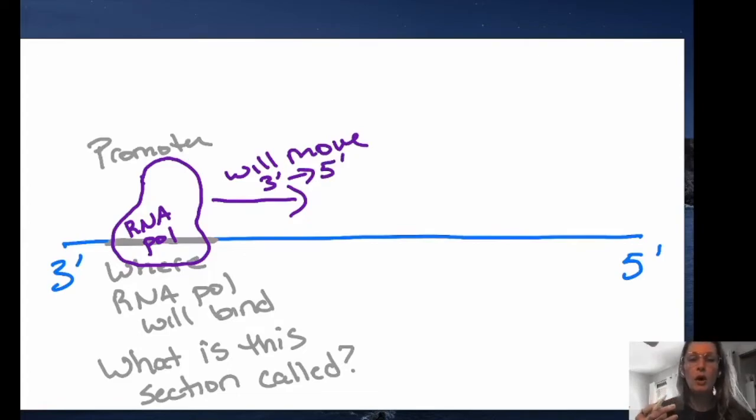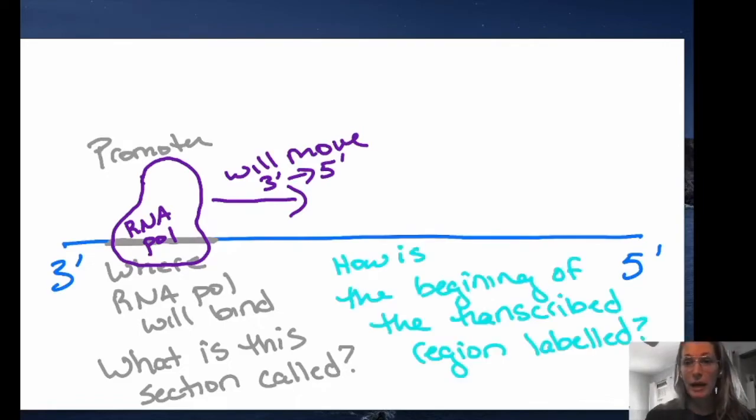Cool. Then once it hits the beginning of the transcribed region, the beginning of the transcribed region is indicated by a what? How do we know where transcription actually starts? So the beginning of the transcribed region is labeled how?